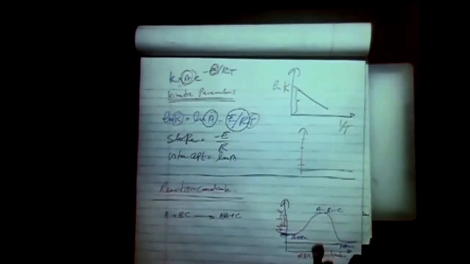You need energy because the molecule needs to go over this hill and then come down. So the final value might be lower, but that doesn't mean you don't need energy. You need the activation energy to activate the molecule. The final stage might be more or less than this one. That's the condition.